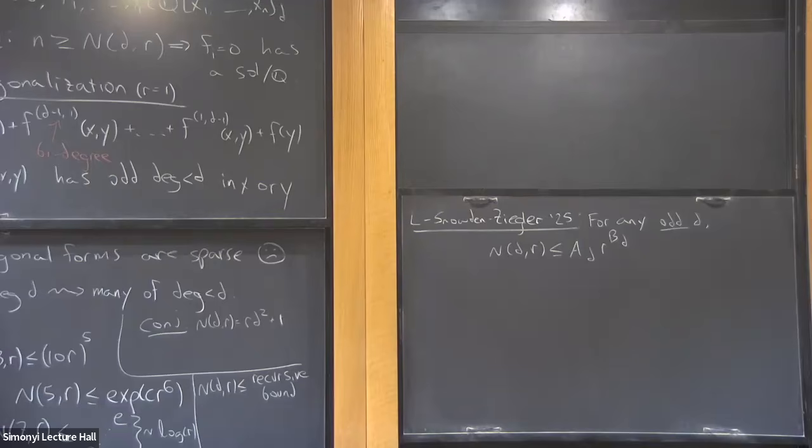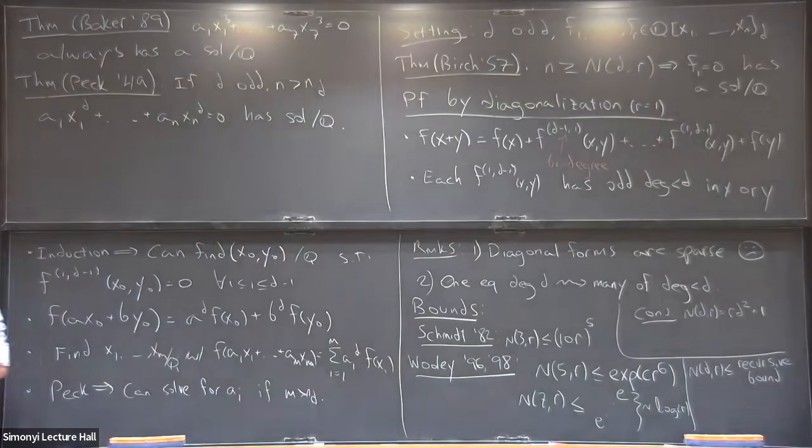These can be made explicit. So it's polynomial in r, but not in d. Certainly not. Those are going to be more than exponential in d. I haven't worked it out, so I'm not going to hazard a guess at what they will be.